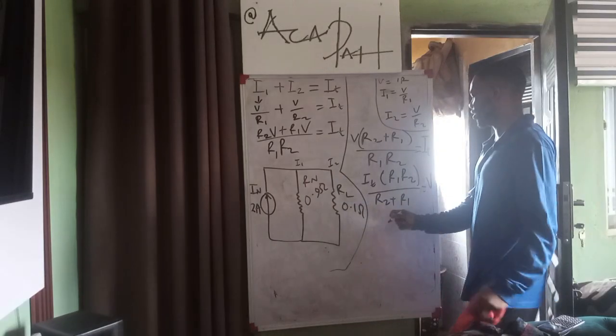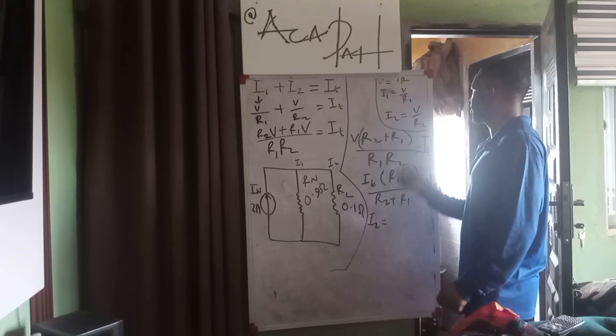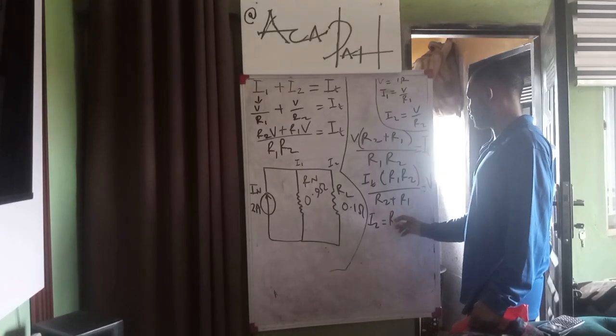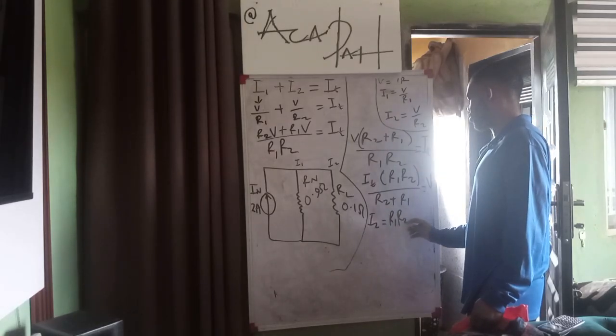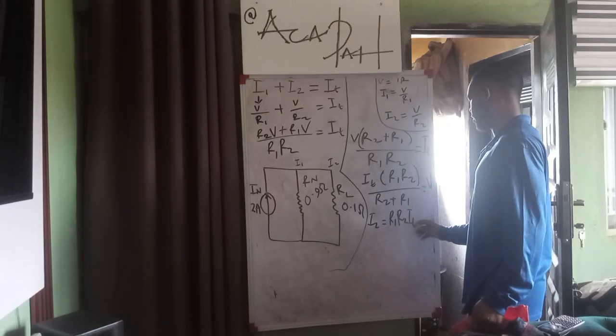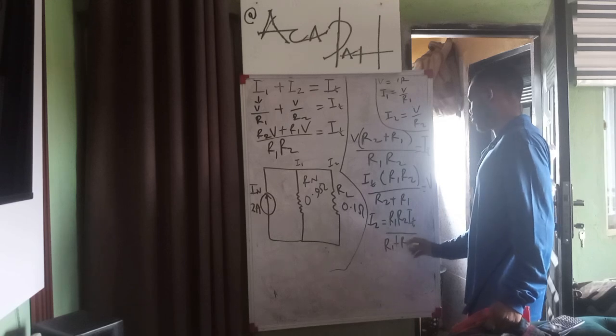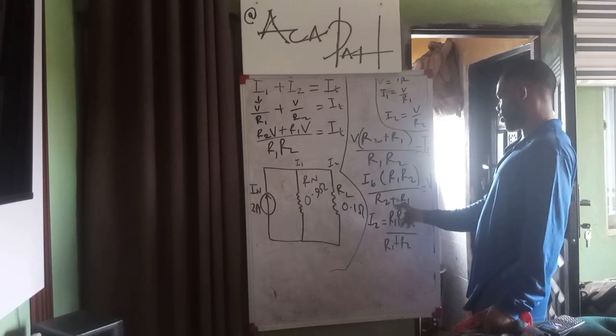So for I2 now, it will be the same thing as saying V, R1, R2, then times IT all over R1 plus R2.